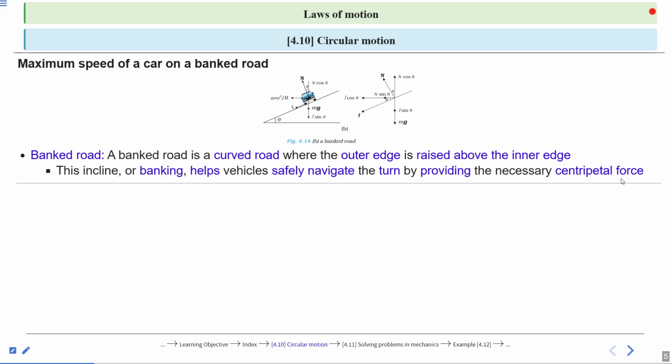So due to centripetal force, a vehicle can safely turn on a circular path, or we can say on a banked road. This is the illustration of the banked road where the outer edge is raised above the inner edge.